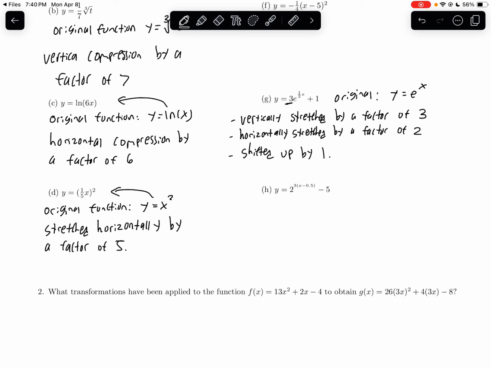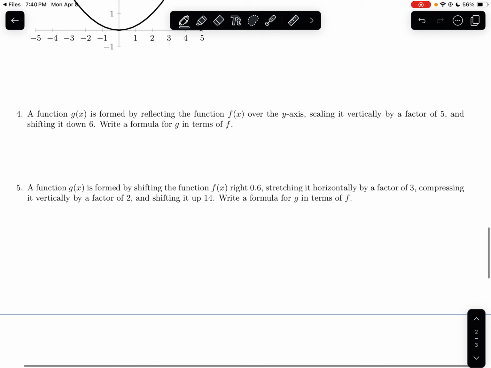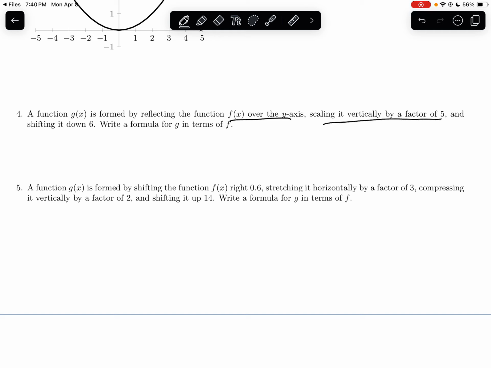Okay, and let's go the other way. Let's take a look at the last couple of questions here. For question 4, g of x is formed by reflecting f over the y-axis, scaling it vertically by a factor of 5, and shifting it down by 6. We're writing the function for g of x, and you just read off what you're doing, being careful to do it in the right order.